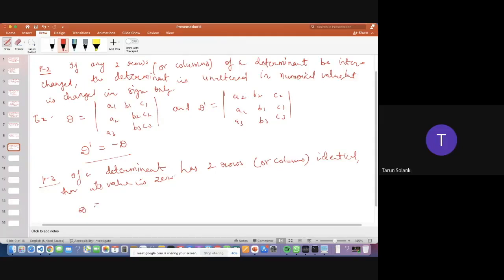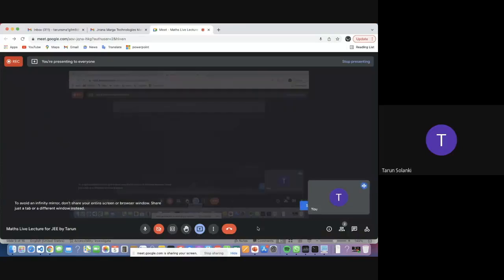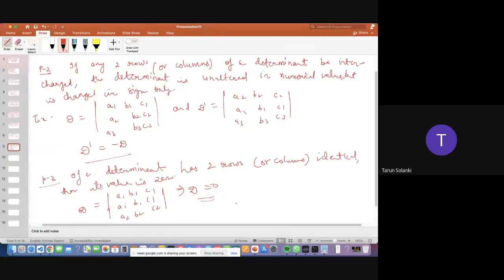Let D equal A1, B1, C1, A1, B1, C1, A2, B2, C2. So here first and second rows are the same, identical. So we can say the value of this determinant is 0. So copy both the properties, then we'll move to the next one.